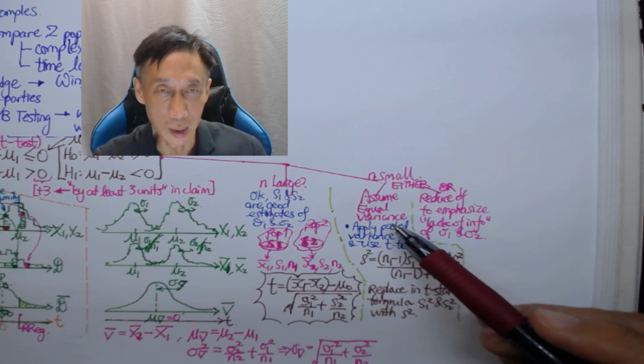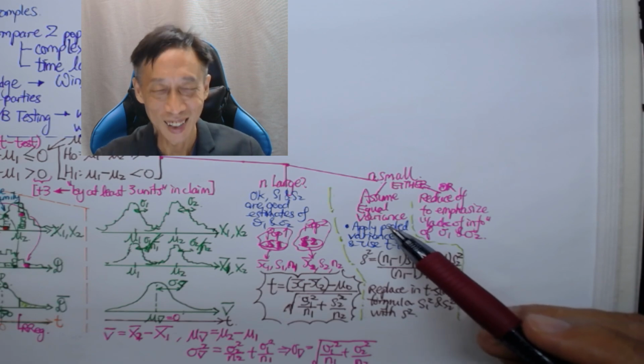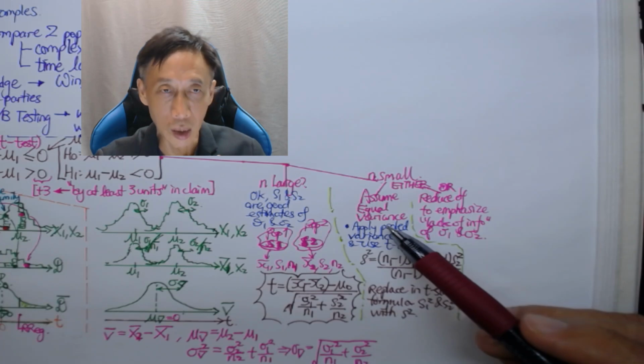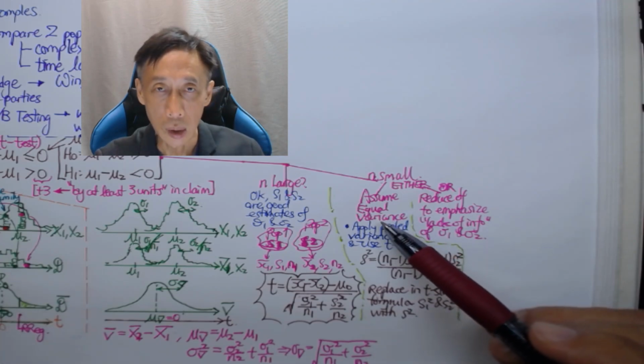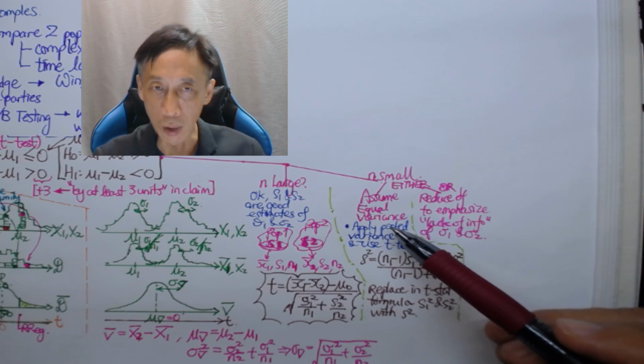Maybe one is evening class adults, working adults. One is daytime, full-time registered students. Is there any difference, right? So in that case, is it reasonable to assume equal variance? Okay, so this part is a bit like waving hand on it.